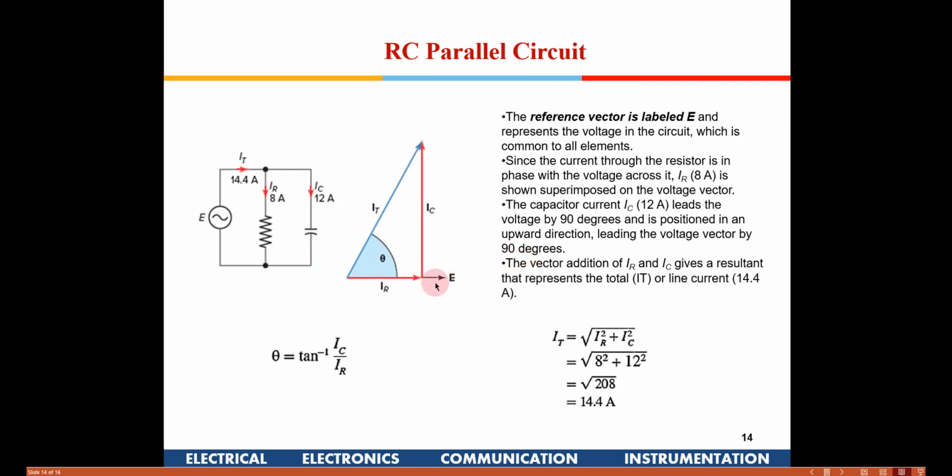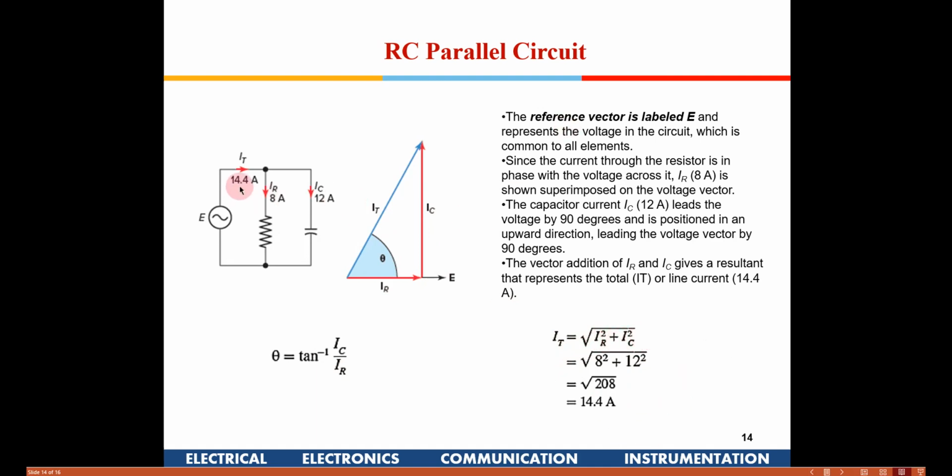So again this is the vector triangle, where IR is in phase with the applied voltage, whereas IC leads the applied voltage by 90 degrees, and you take the vector sum of these two to get the total. Again the phase angle will be given by IC divided by IR, and the total current by Pythagoras theorem: I total will be the root of IR squared plus IC squared.